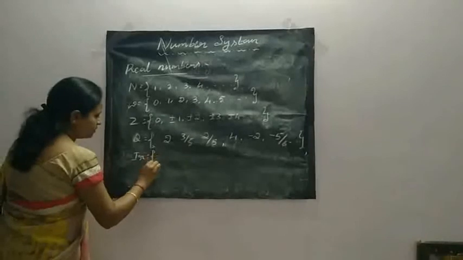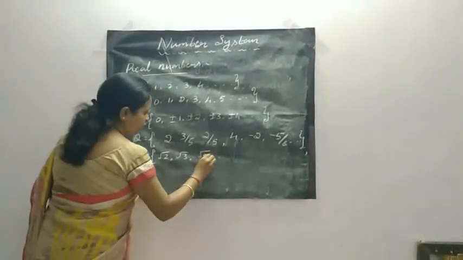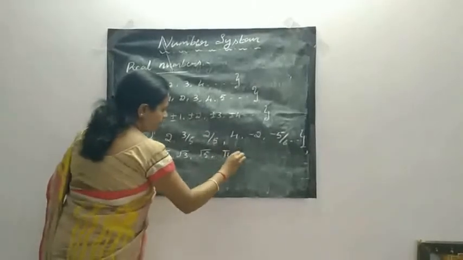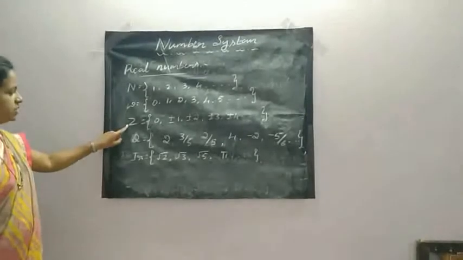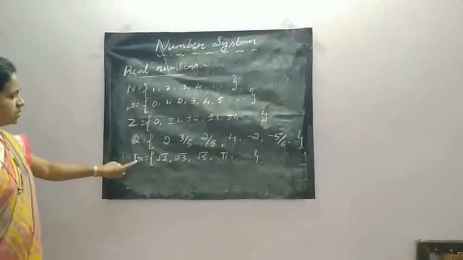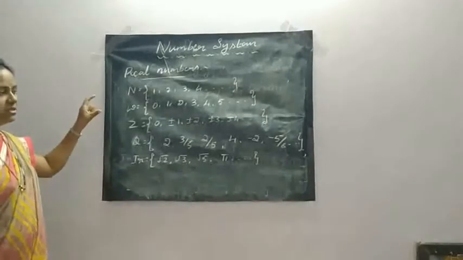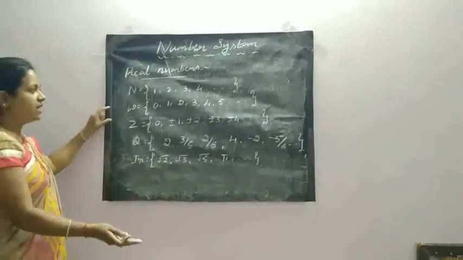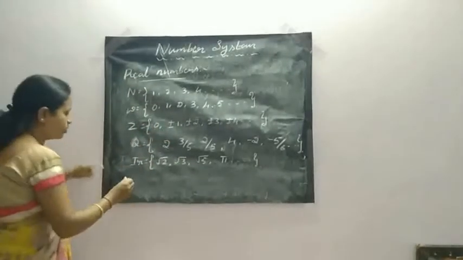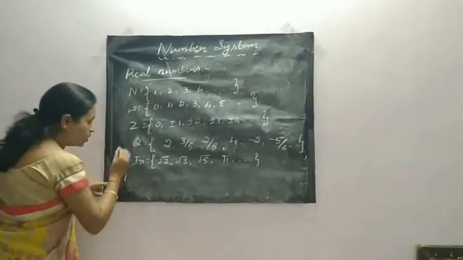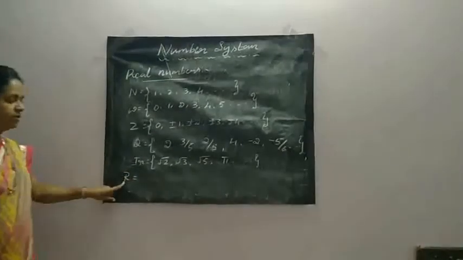Irrational number examples are root 2, root 3, root 5 and pi. Natural numbers, whole numbers, integers, rational numbers and irrational numbers. So real numbers means, children, under the real numbers all the numbers are going to be included. Real numbers are denoted by a capital letter R.